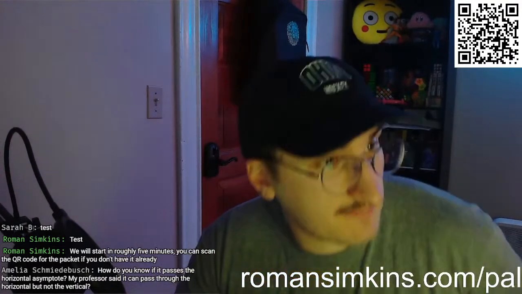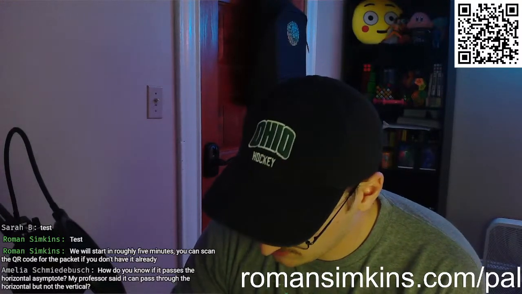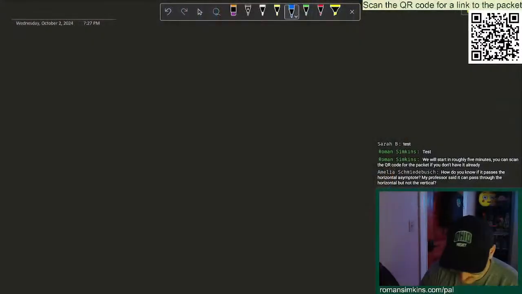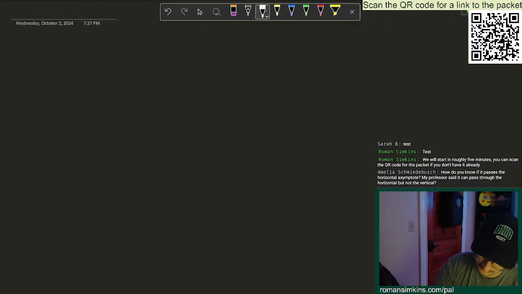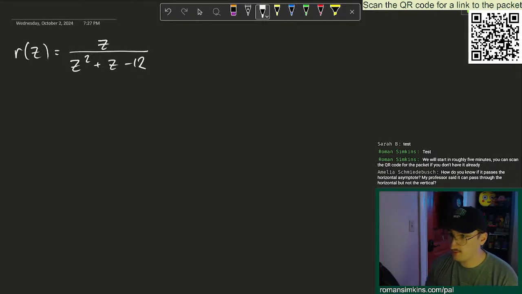If anybody's following along in the packet, I'm going to be doing number 5. So let me add a page, and we're using fancy variables now. R of z equals z over z squared plus z minus 12. How would we do this one?